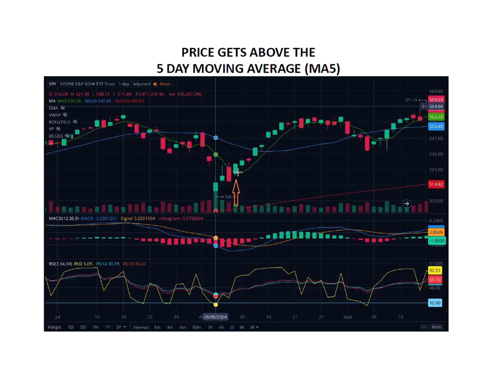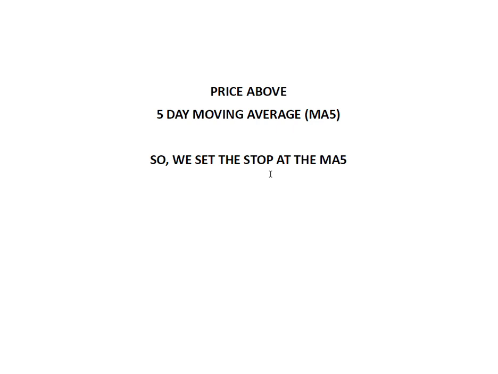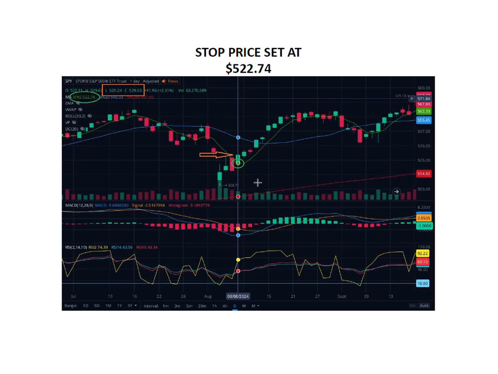All right, and since it went so far up and it's green, I'm going to go ahead and put my stop at the bottom of the green line. Okay, so we're going to set our stop at that MA5 right there. So we have our stop set at 522.74.